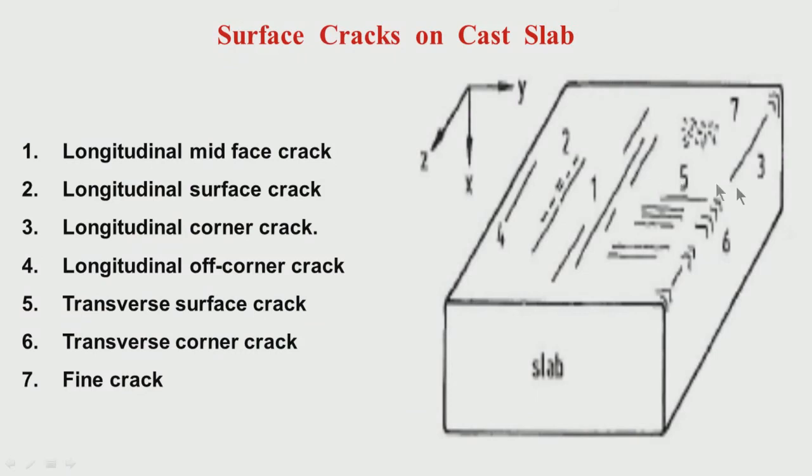Here the culprit is the tendency for the formation of depression, or tendency for the formation of shrinkage. More the shrinkage, more will be the possibility of formation of such cracks, surface cracks. But if you have a longitudinal direction of tension, then you might have transverse crack.